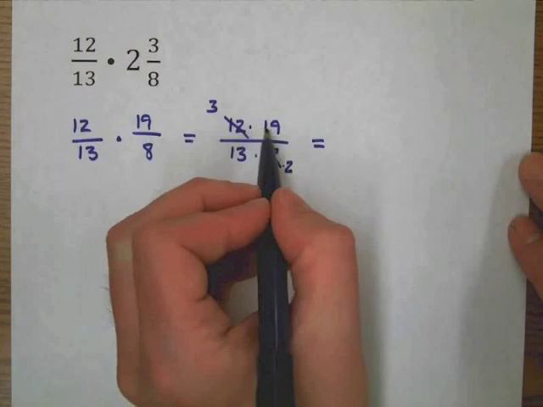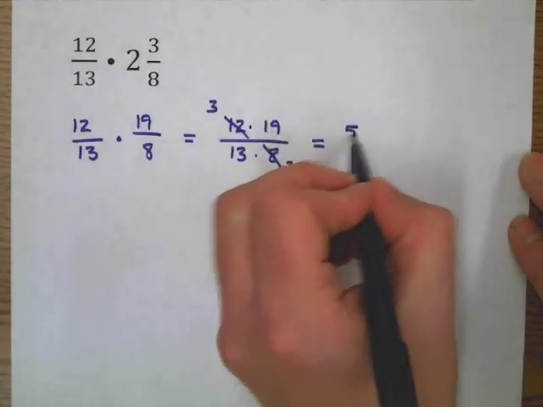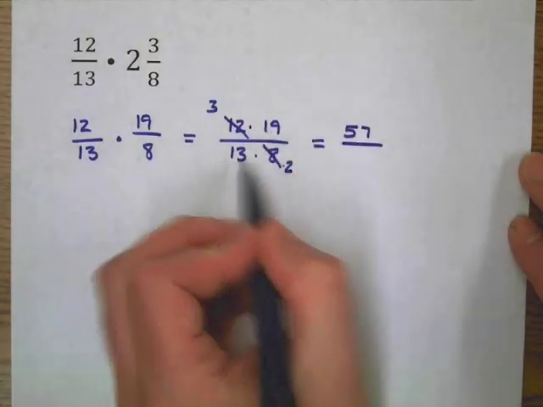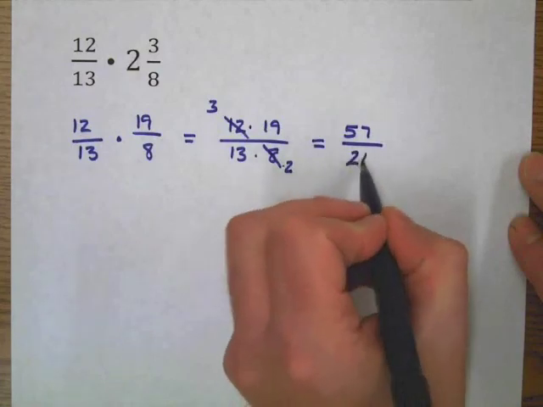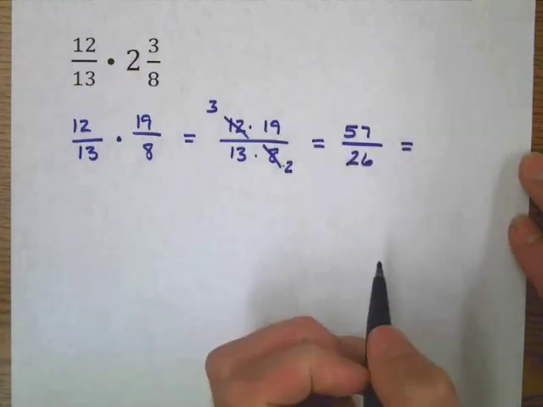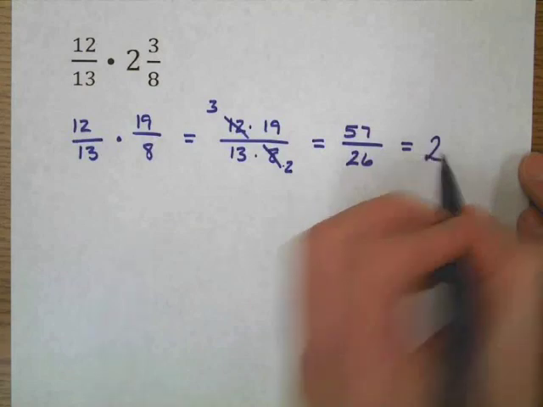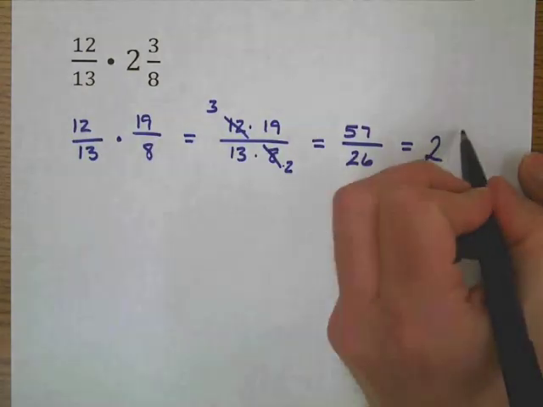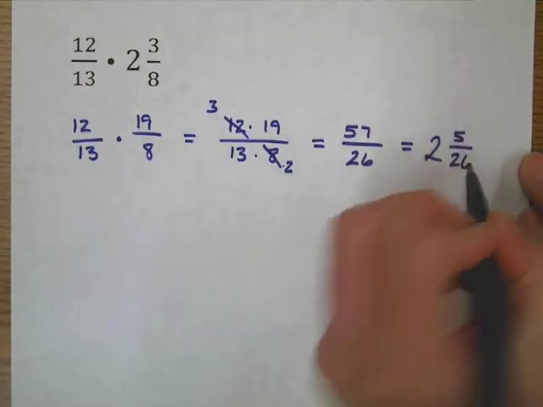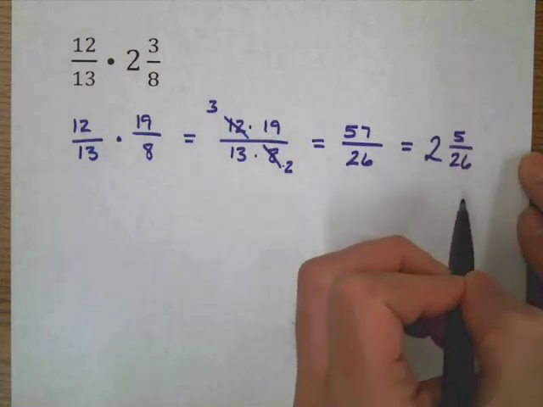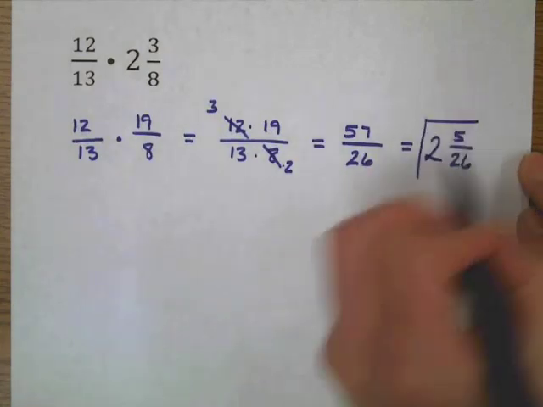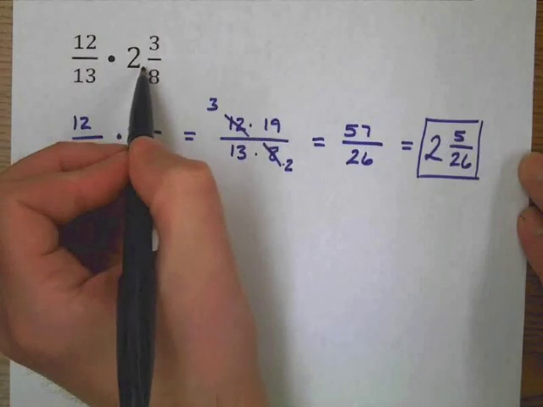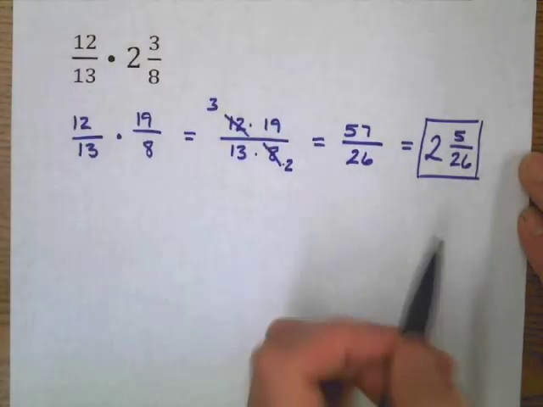So I end up with 3 times 19, which is 57, and 13 times 2, which is 26. And if I reduce that down, I can pull out 2 wholes, and I'm left with 5/26. So 2 5/26, which is just a little bit smaller than 2 3/8.